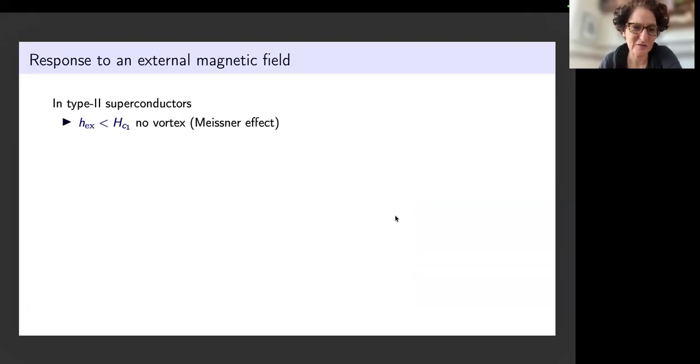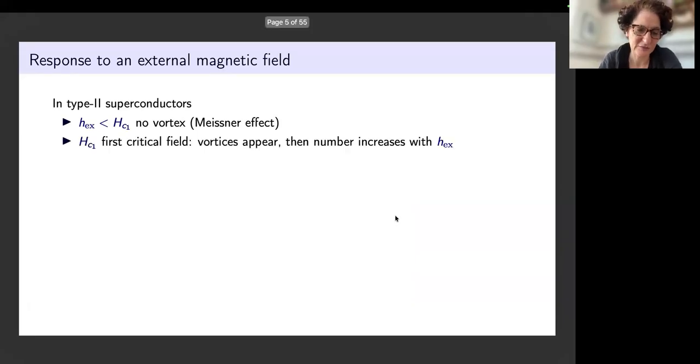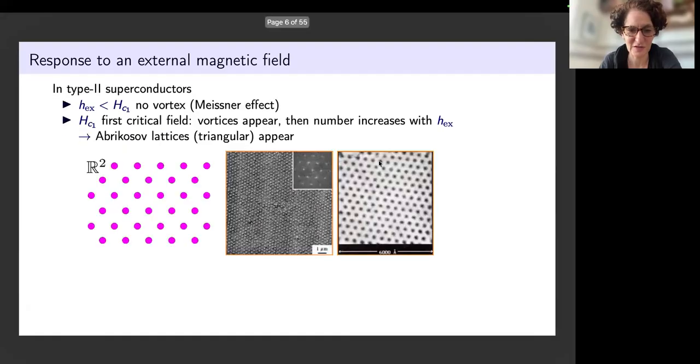So when Hx here represents the intensity of an external field, if Hx is less than a first critical field Hc1, there is indeed this Meissner effect and there is no vortex. And when you pass Hc1, which is called the first critical field, then you start to see these vortices, and then you see more and more as you increase the applied field.